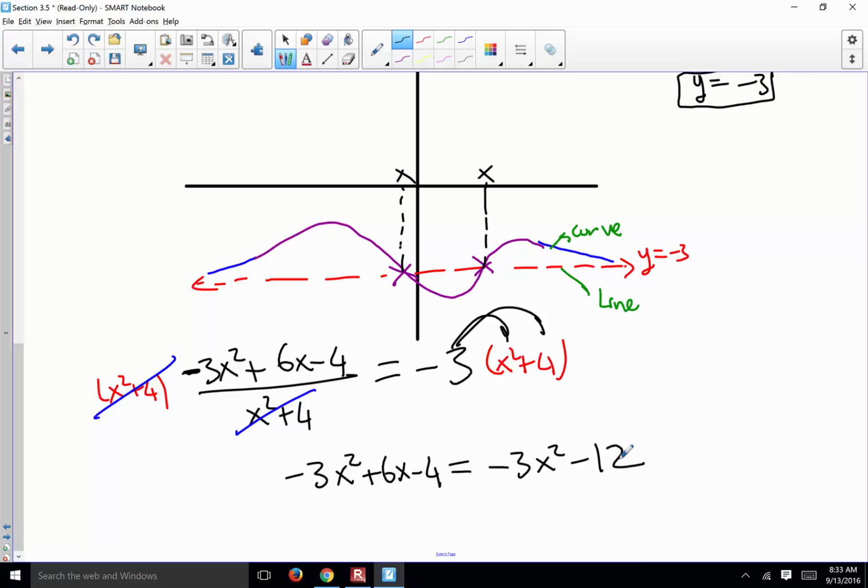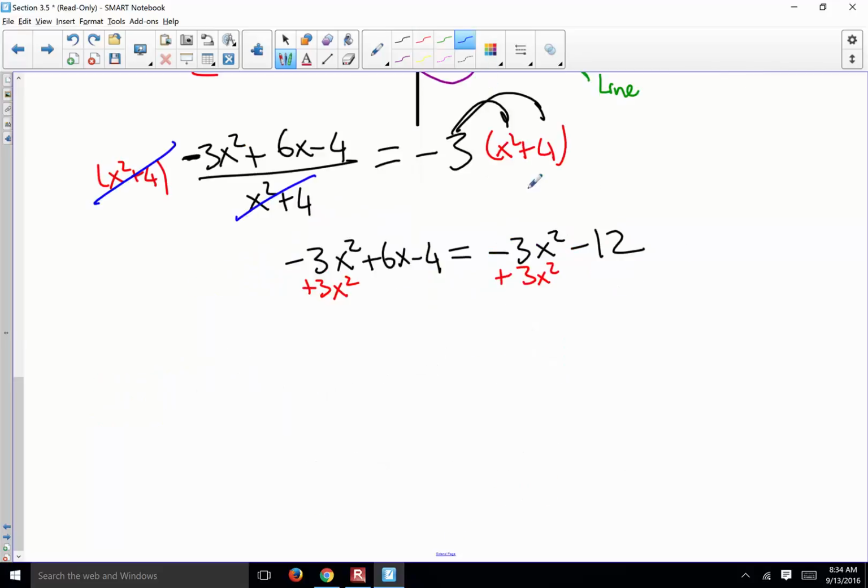What is next? We need to bring x's together, so I'm going to move this to the left by adding 3x squared to the left. But wait a second, something great happens. Not only does this side clear, but also that side clears. When this moves to the other side, it combines with this and clears it.